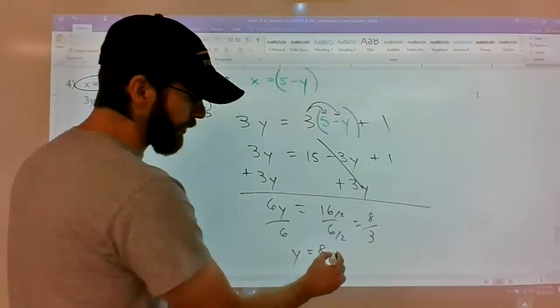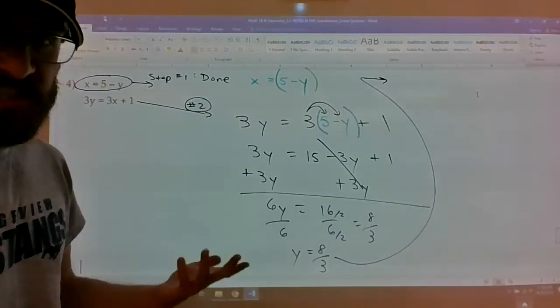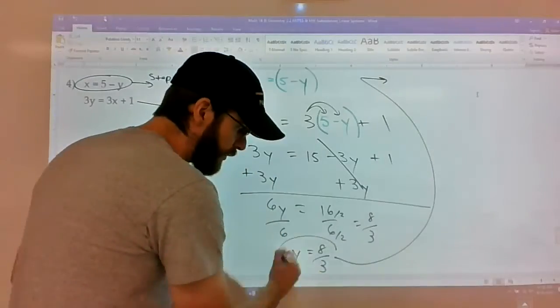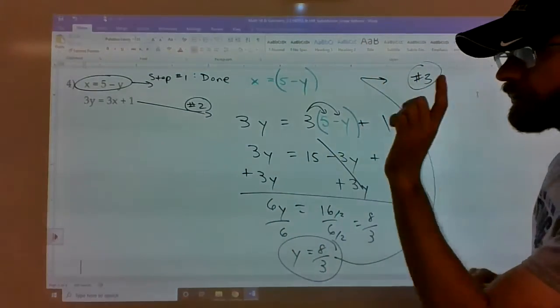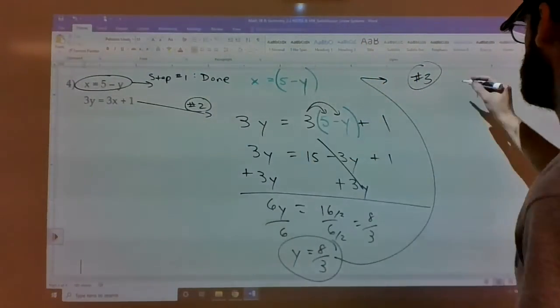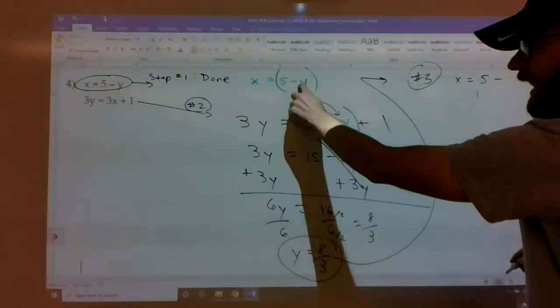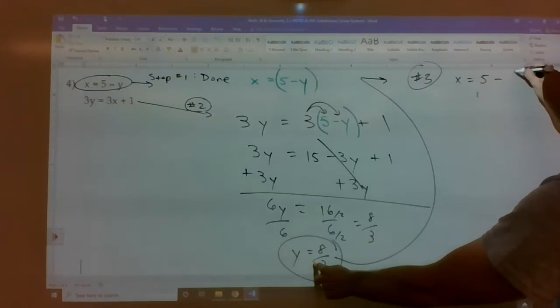So then we can move forward with this by saying, step 3, take the result of step 2, y equals 8/3, and plug it into our convenient equation. 5 minus y. 5 minus y is 5 minus 8/3.